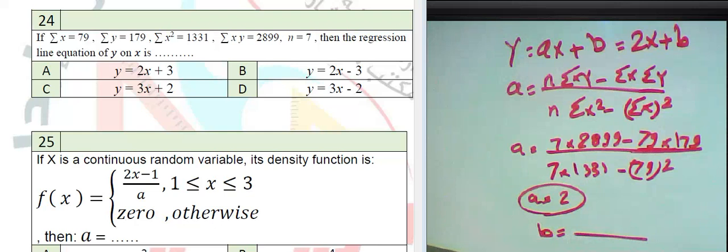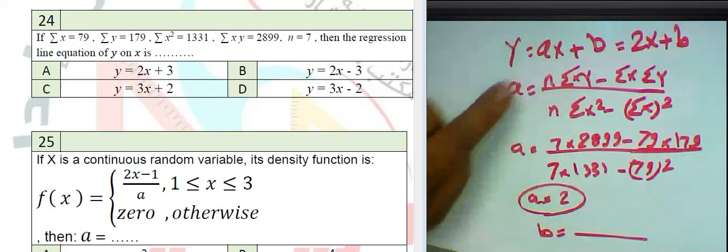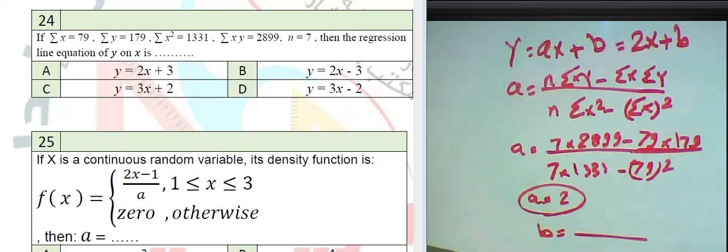Then you can find b using the rule: b equals summation y minus a times summation x, over n.